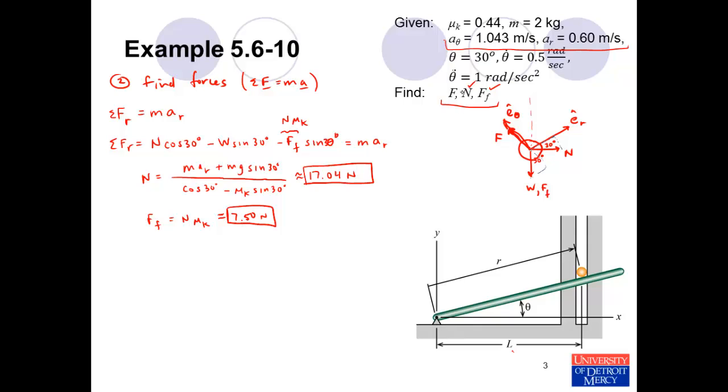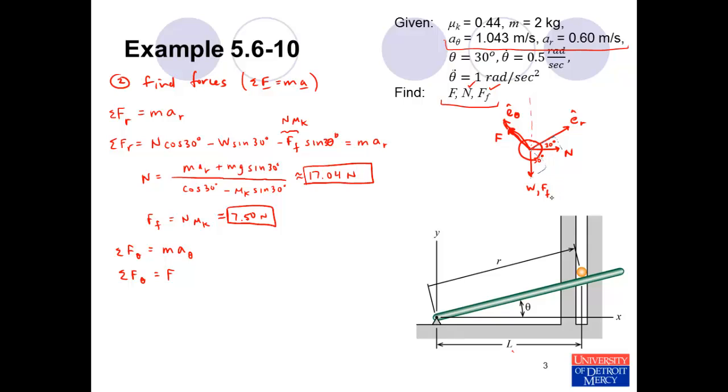The last force, the force F of the arm pushing on the particle, is entirely in the transverse direction. And so we can get that from the transverse component of Newton's second law. So we have the sum of the forces in the transverse direction equals mass times the acceleration in the transverse direction. So F is in the positive transverse direction.